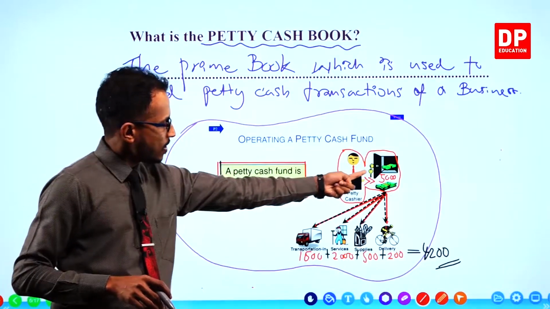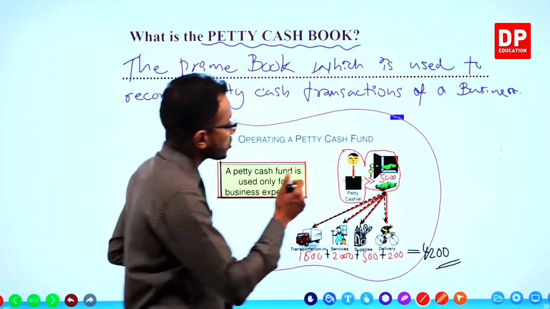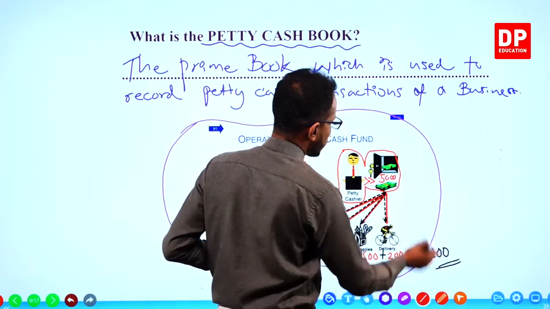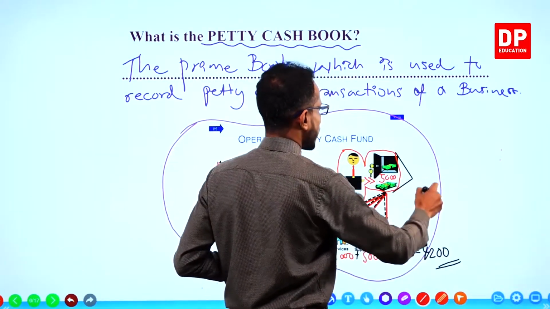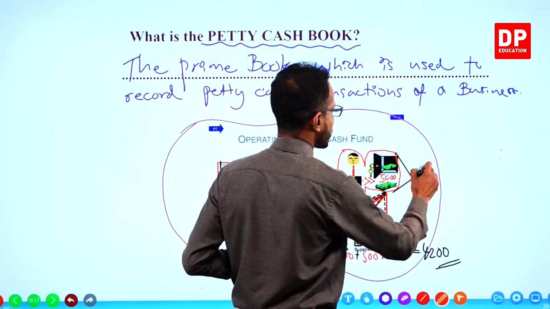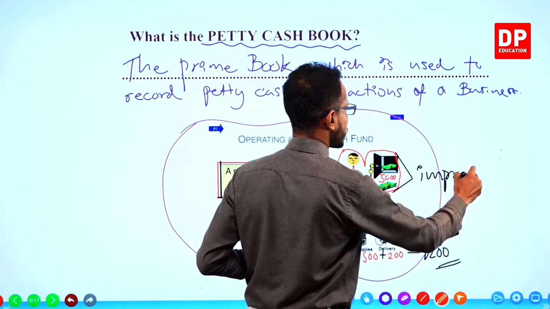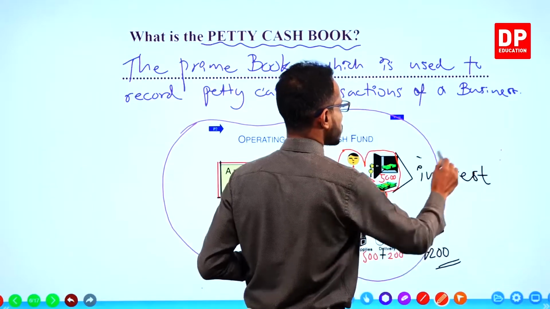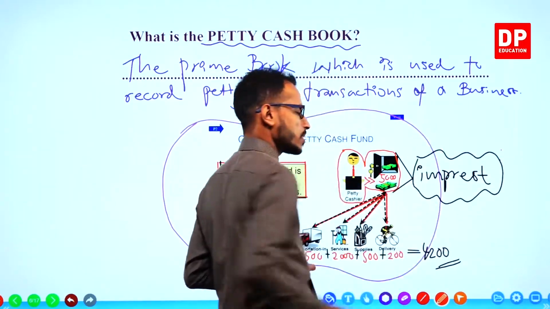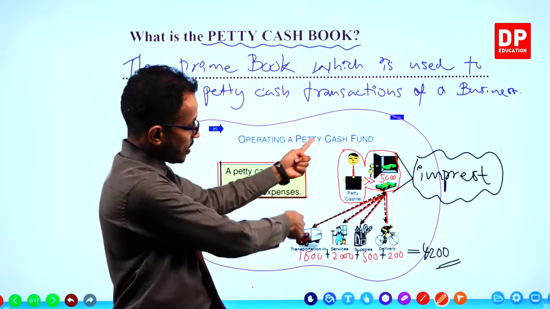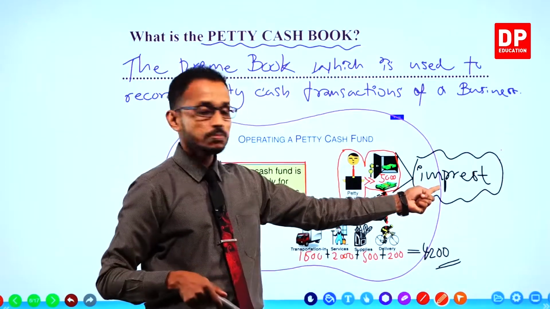This petty cash fund, children, is known as the imprest, the petty cash imprest. The fund which he keeps with him is known as the imprest.